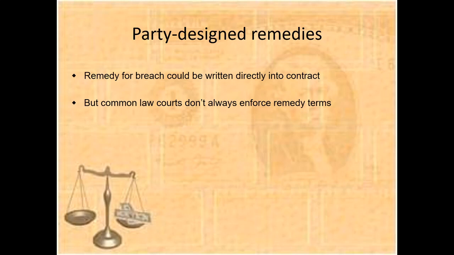The remedy for breach could be written directly into the contract. That is normally the obvious one. But common law courts don't always enforce remedy terms. So why is this important?